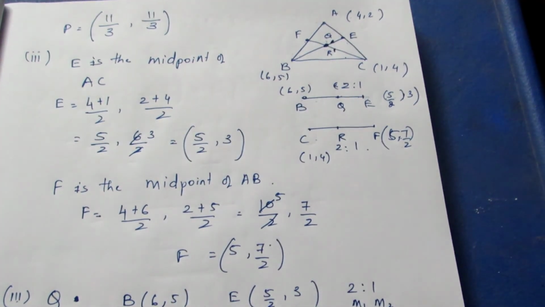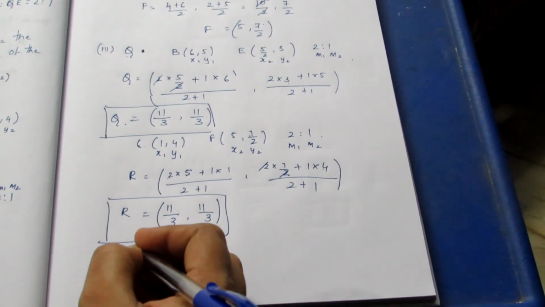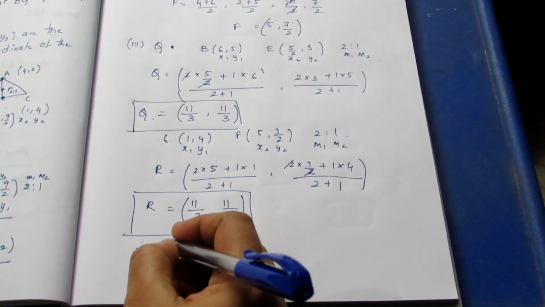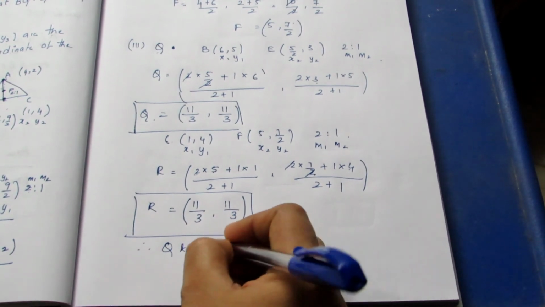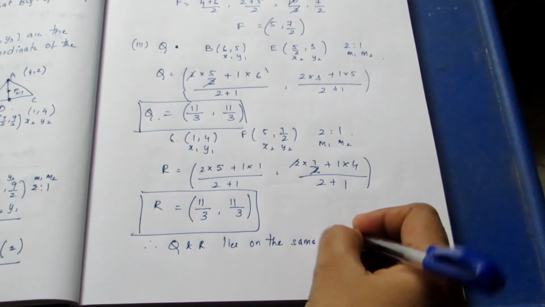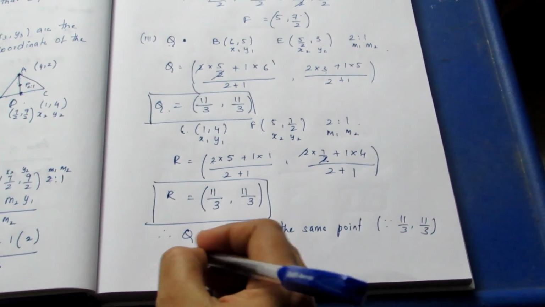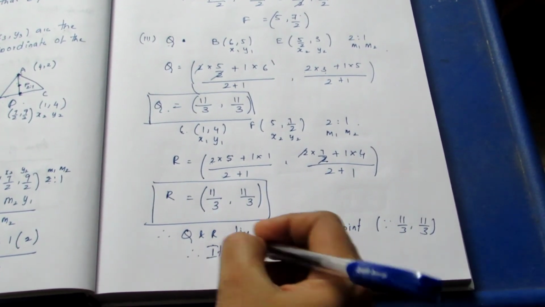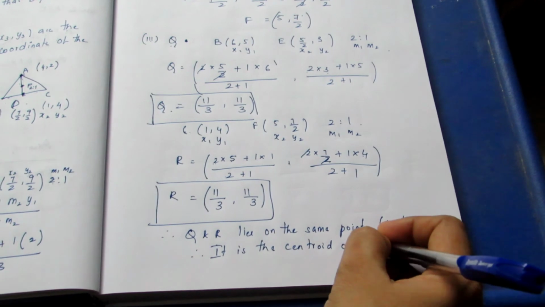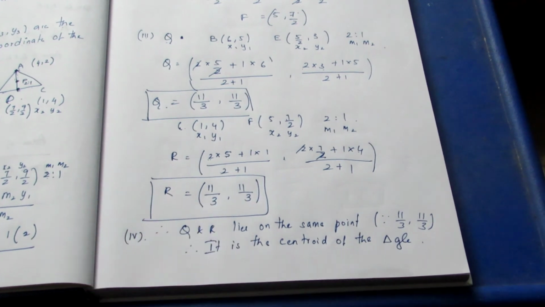Lying on the same point means it is the centroid, because all the medians meet at a point called the centroid. Therefore, it is the centroid of the triangle. So we have found this to be the centroid of the triangle, and that is our fourth subdivision answer.